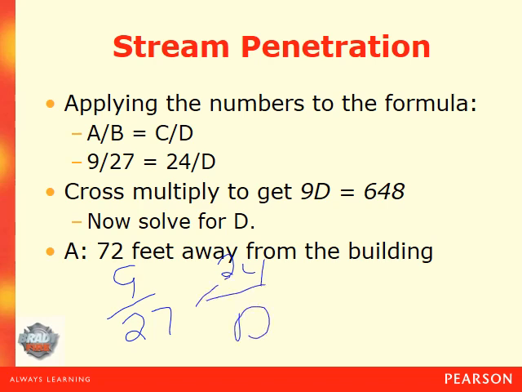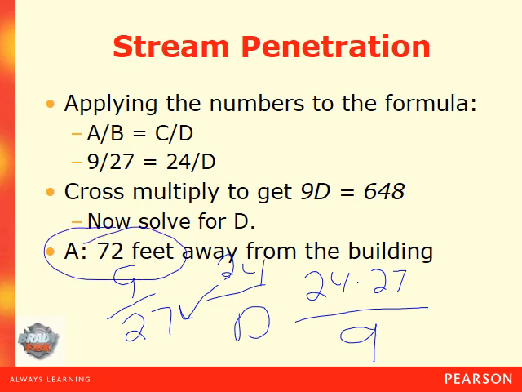So 24 times 27 divided by 9 will give us our answer. So 24 times 27 equals 648, and then you divide that by 9, and that gives us an answer of, and it's right on the slide, 72 feet.